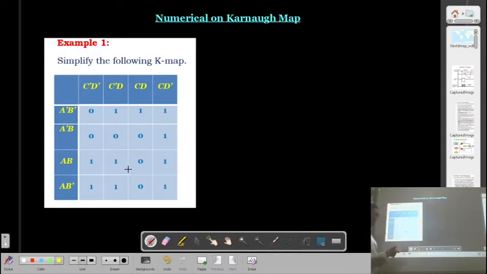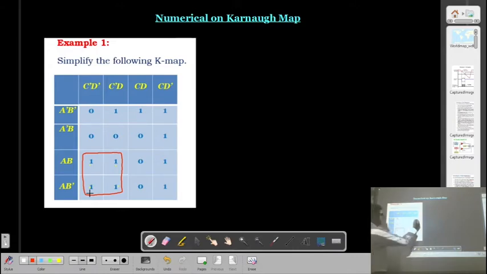Then the second thing, you have to look out for a quad. Quad means a group of 4 high levels. Here we can see that in this position there are 4 high levels. So we can mark this as a quad. So one quad is present in this Karnaugh map.